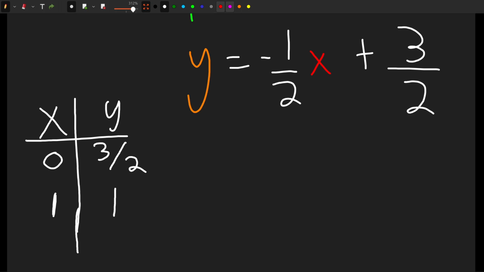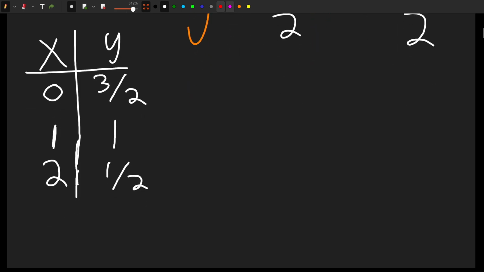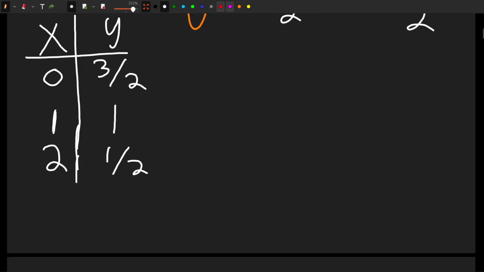Okay, and then if I were to plug in 2 for x, I would get negative 1/2 times 2, which is negative 2 over 2, which is just negative 1. And then negative 1 plus 3/2 would get me 1/2. And so using this t-chart, I can get 3 points that I can then graph.